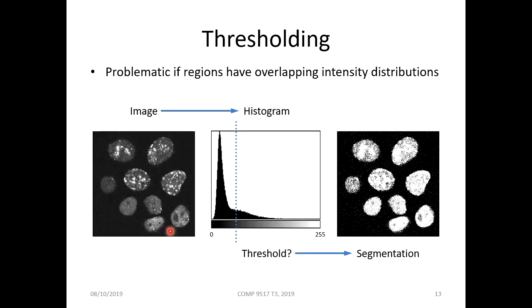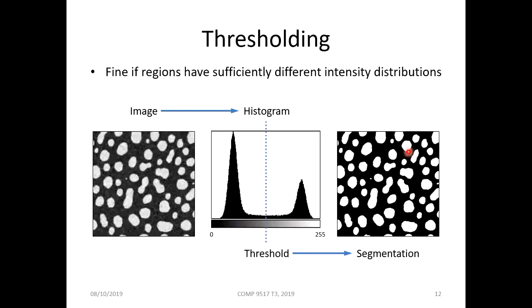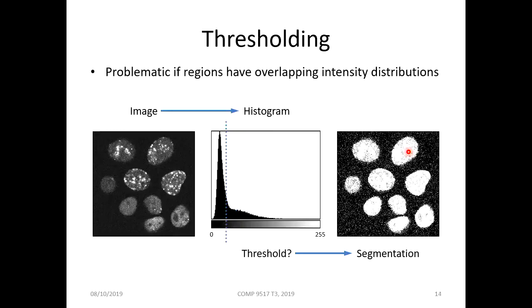So here it's very difficult to choose the right threshold. And there's no way, I mean, you're going to have all kinds of false positives. That means pixels classified as object, but they should be background. And false negatives, pixels that are classified as background, but that should be object. And you're never going to solve this by shifting the threshold to another position. You know, if you move it down, then more pixels are going to be classified as object.